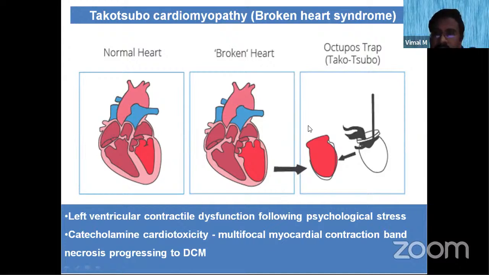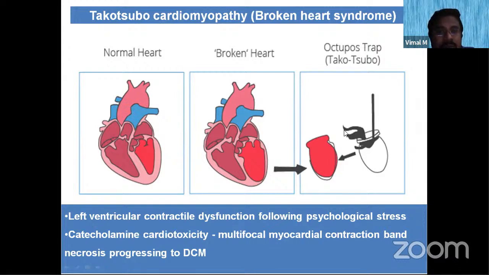Why is it called Takotsubo? Takotsubo is an octopus trap used in Japan. To trap the octopus, they use a peculiar chamber trap like this. The chamber of the left ventricle also gets dilated like that Takotsubo, the octopus trap used by Japanese people.